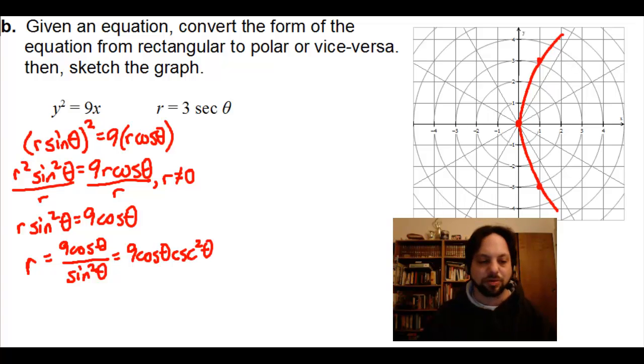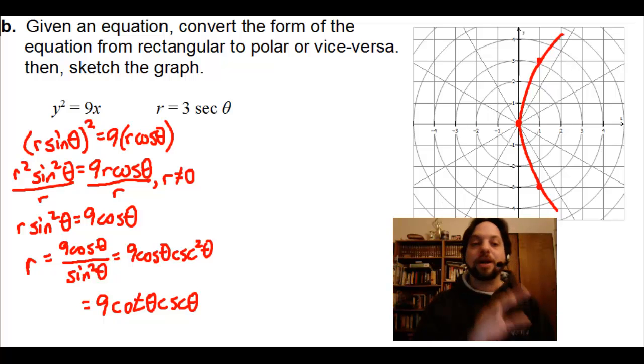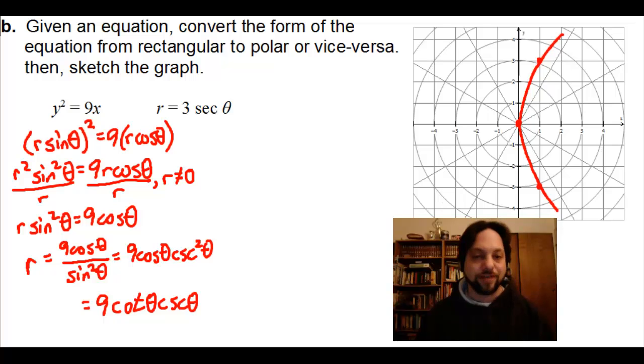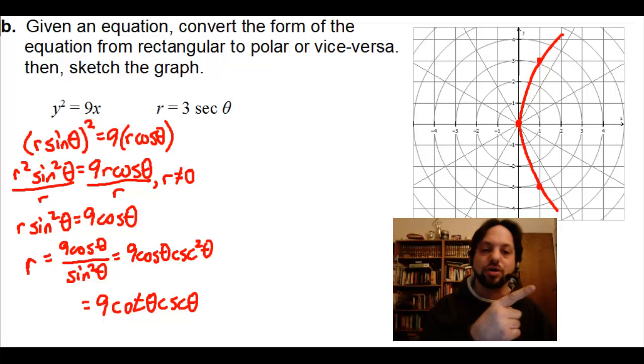That would be acceptable. Heck, if you wanted to, one of those sines on the bottom could go with the cosine, and we could say this is 9 cotangent of theta times cosecant of theta. There's a lot of ways you can write this, but I challenge you to graph any of these on your graphing calculator, and I bet you see the same sideways parabola that we have drawn right here.